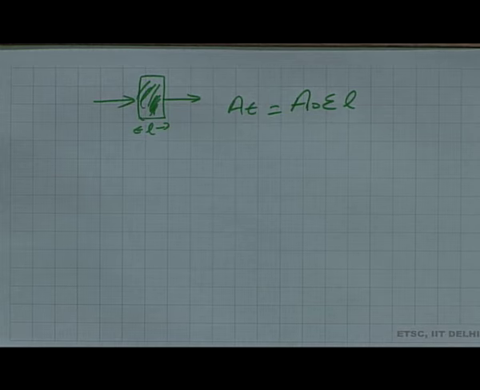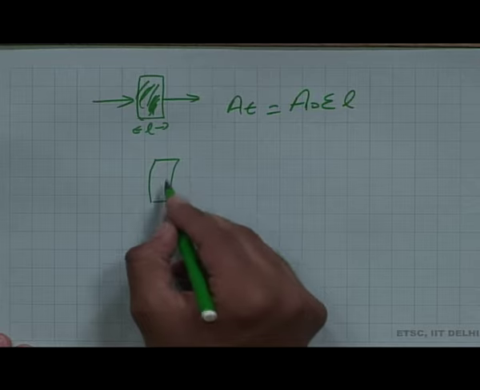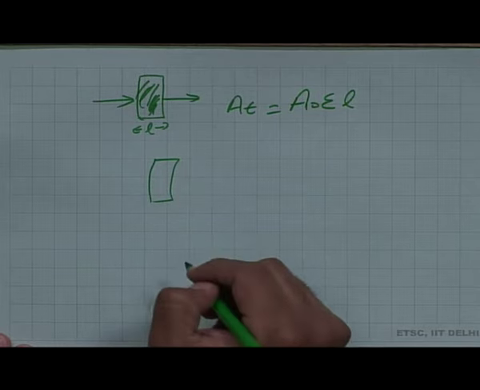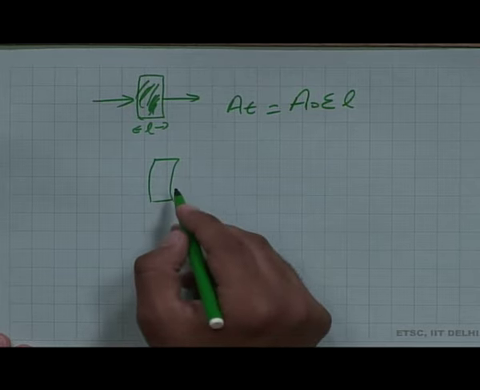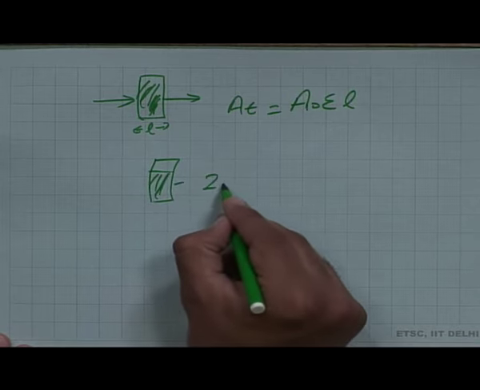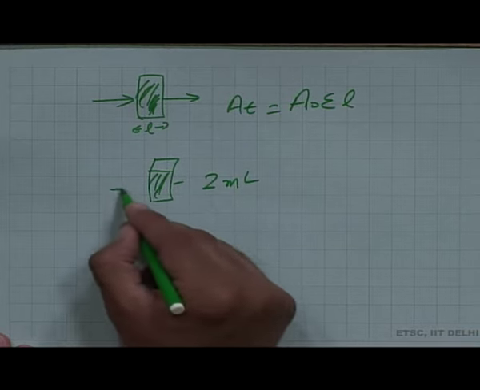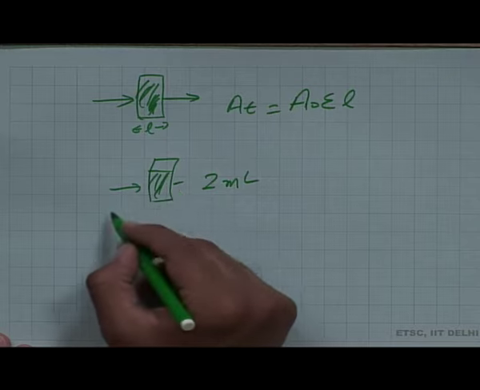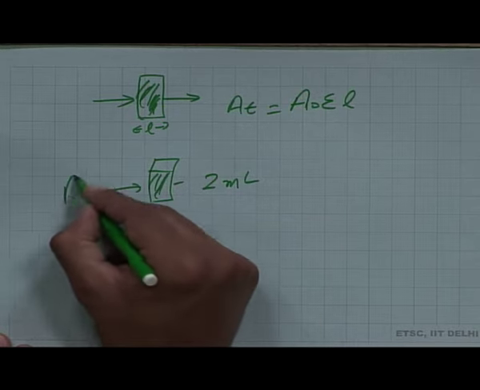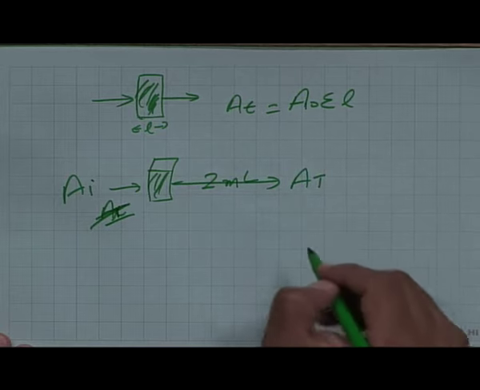And what happens here is that, for example, I put a cuvette, not crucible, but cuvettes. I have a cuvette, I fill it here, it normally requires only 2 milliliters, and I put this. This is A I, the incident, and this is A transmittance.